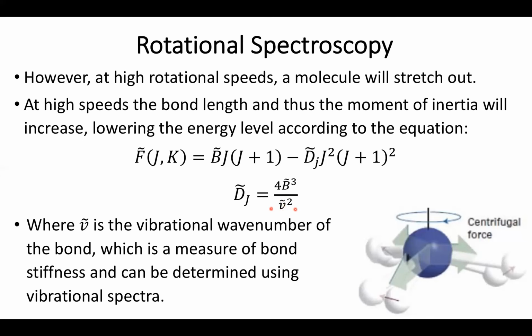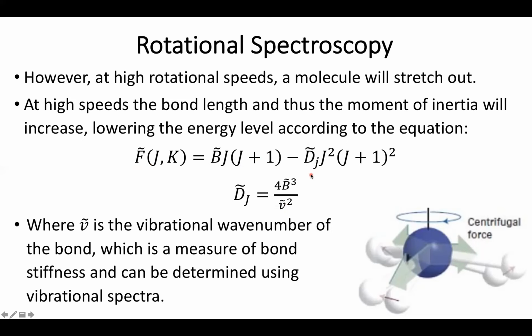But for our perspective right now, what we really want to focus in on is the meaning. And what the vibrational wave number is really telling me is the stiffness of the bond. The stiffer the bond, the larger the vibrational wave number. The larger the vibrational wave number, the smaller the centrifugal force constant. The smaller this value, essentially, the less I'm going to end up impacting the various energy levels.